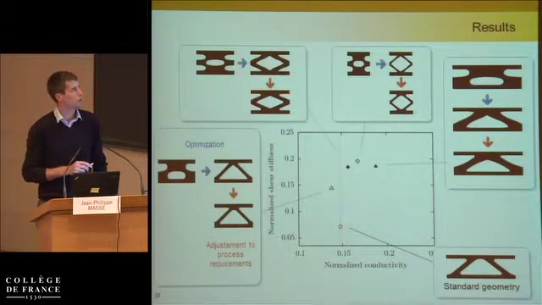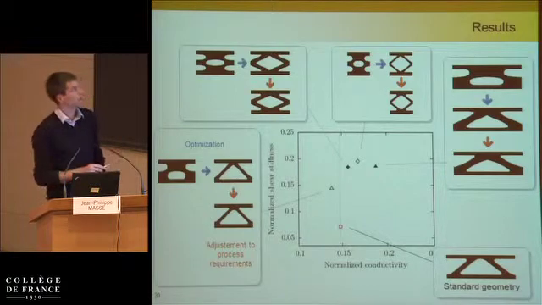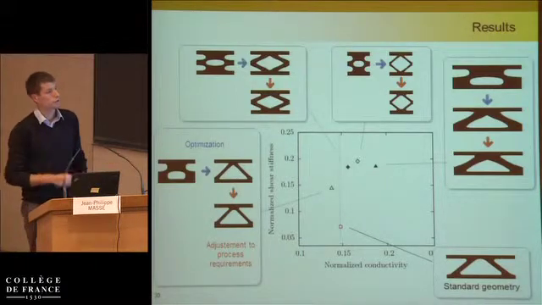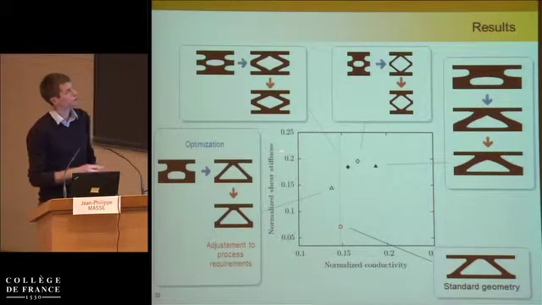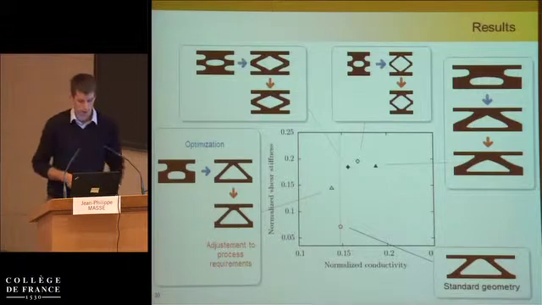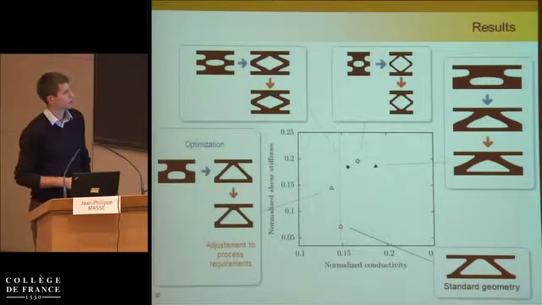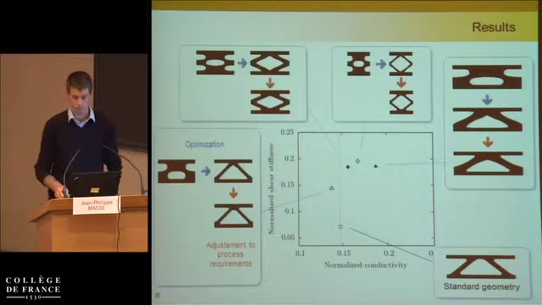And then we had a regularization step in order to be able to produce that geometry. So we simplified it because it's a constraint for the machining of such stiffeners. Even after this simplification, we are able to propose some geometry that give a better compromise.